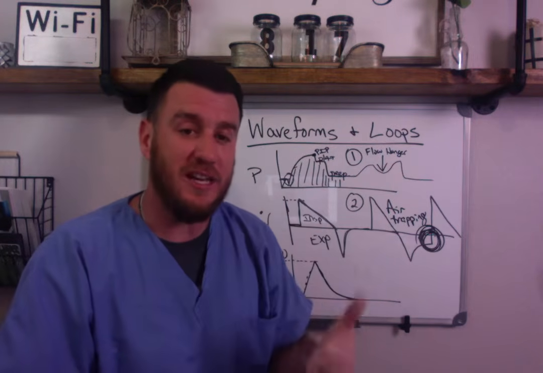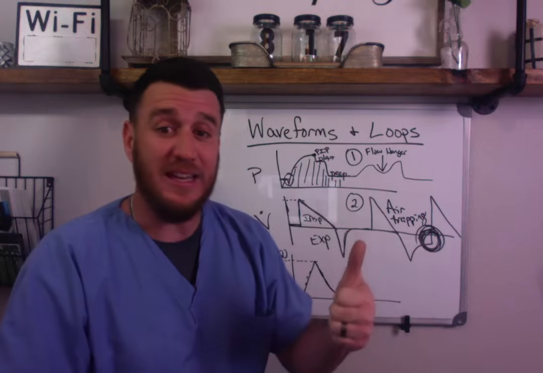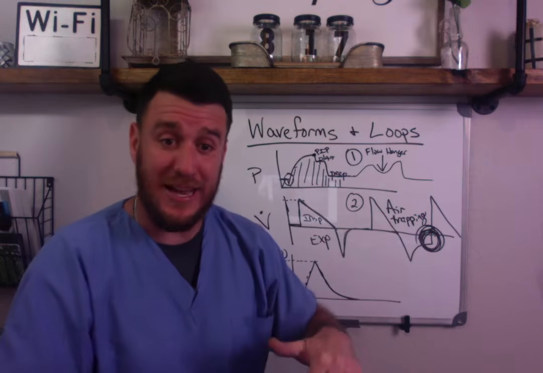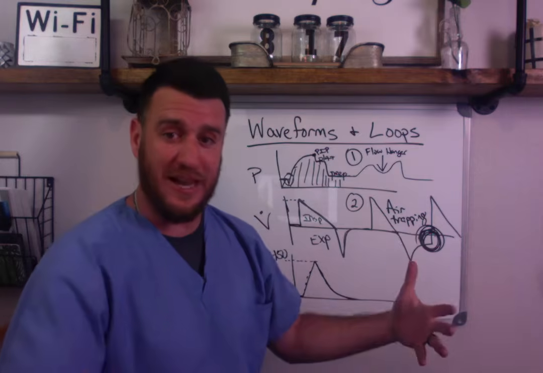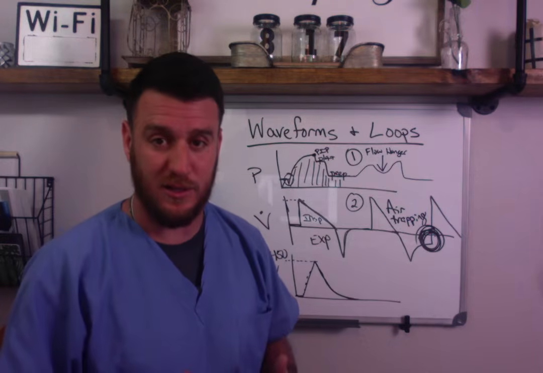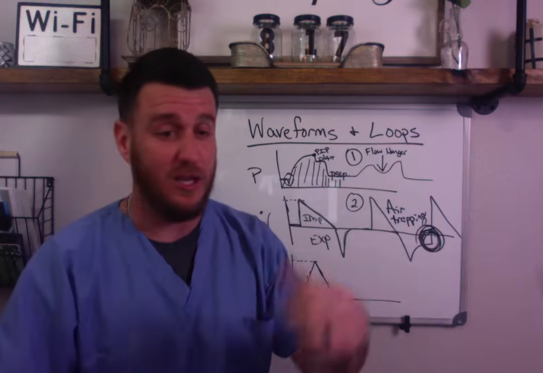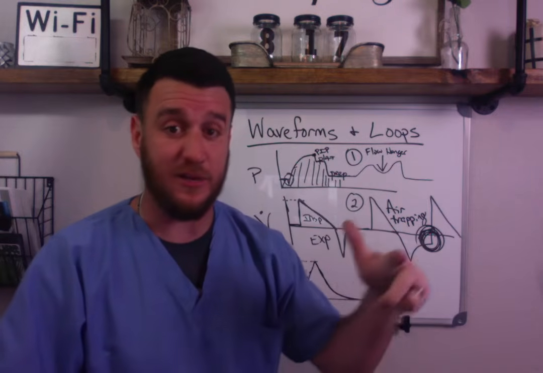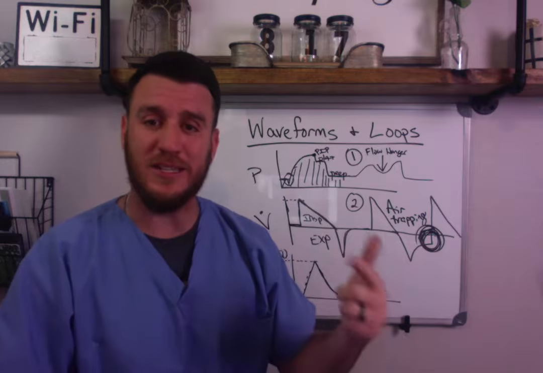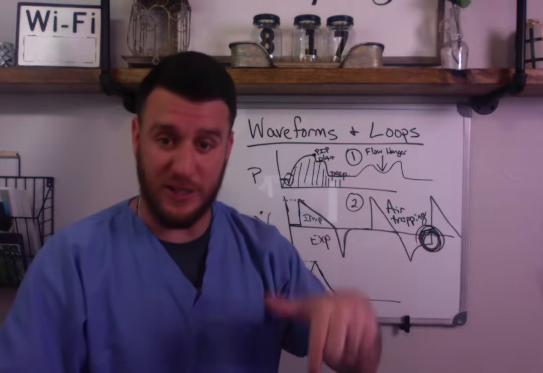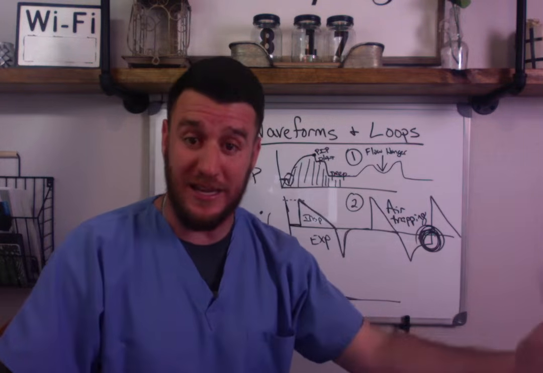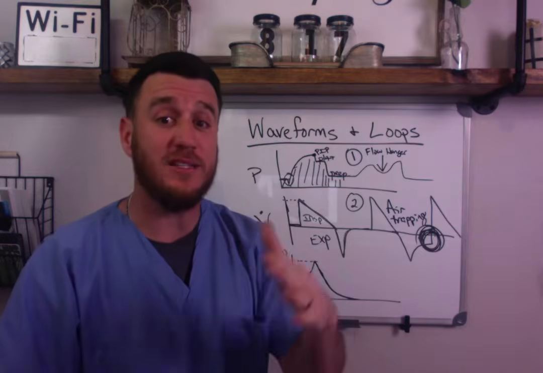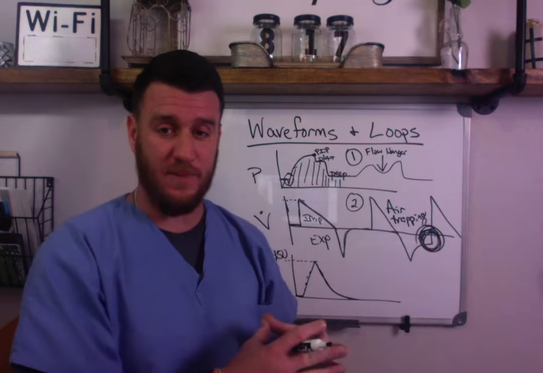Now the reason you would increase this person's flow is to decrease their I time and give them a longer E time before that next breath comes. And you can do this various ways. You can do it through increasing the flow. That'll decrease your I time and increase your E time. You can decrease the tidal volume. That'll decrease your I time and increase your E time. You can decrease the respiratory rate.